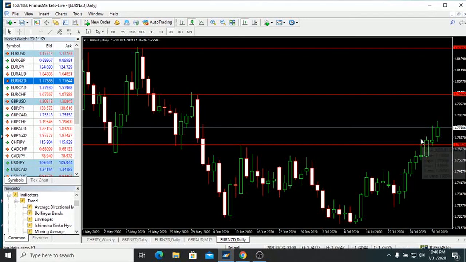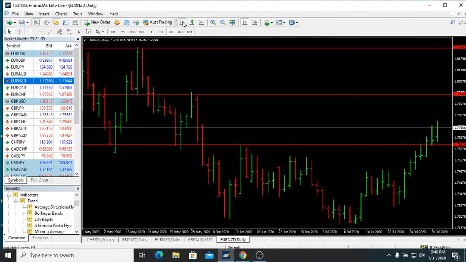This is candles. It broke through here, and then it's on its way up to test the next top here. So if I switch back to the bar, it's still the same. It broke here and it's on its way up.